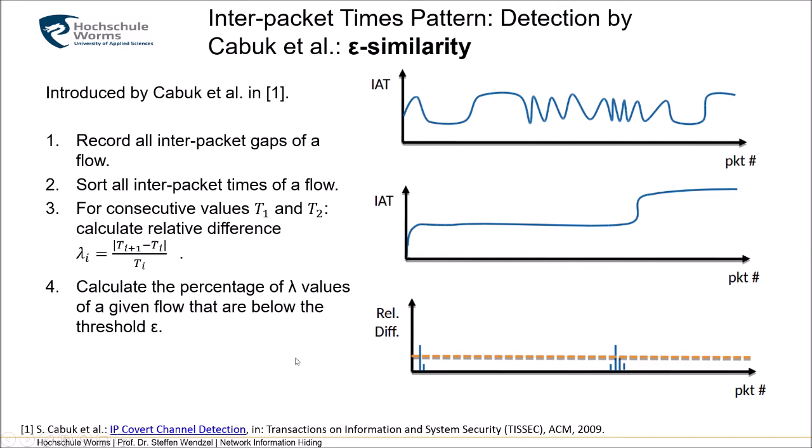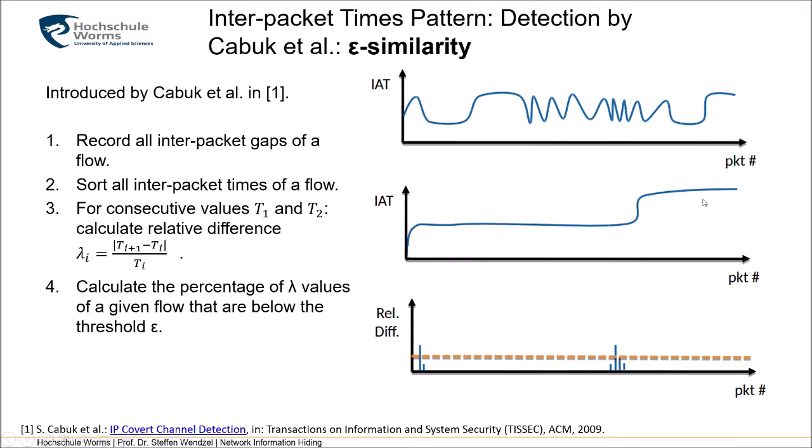Given that I introduced the Berk et al. method on the previous slide, you know why this is done and why it works. So for a covert channel, you usually have many packets that have highly similar interpacket gaps. So in the most extreme case, you have something like a ladder, steps in a ladder here.